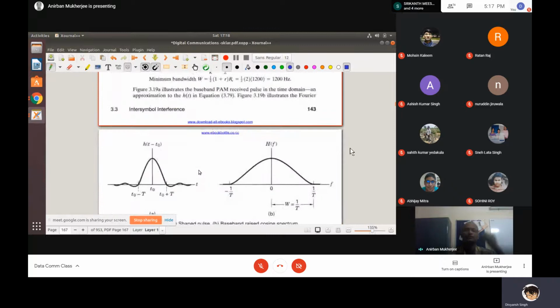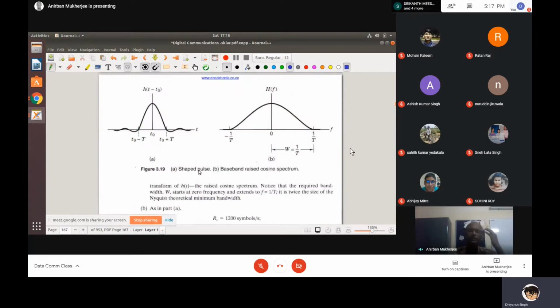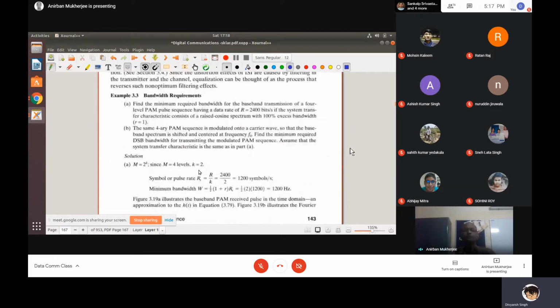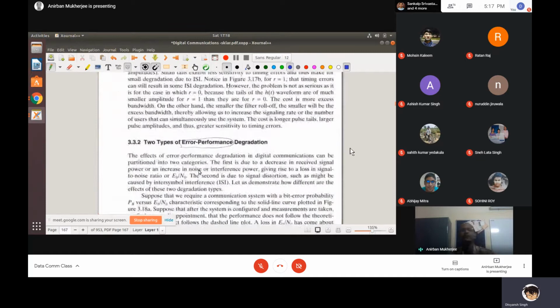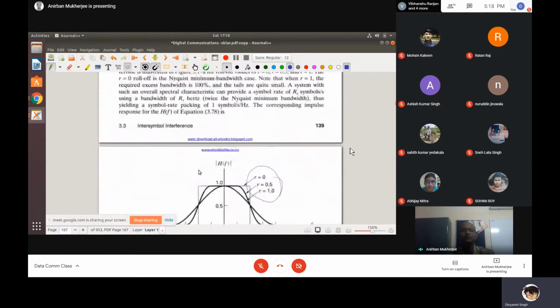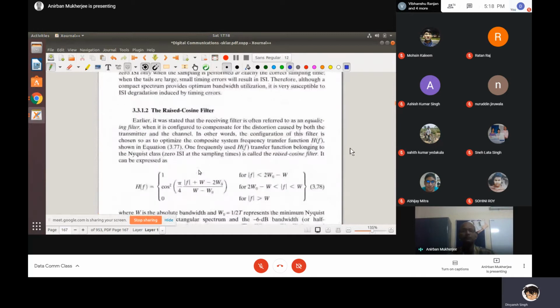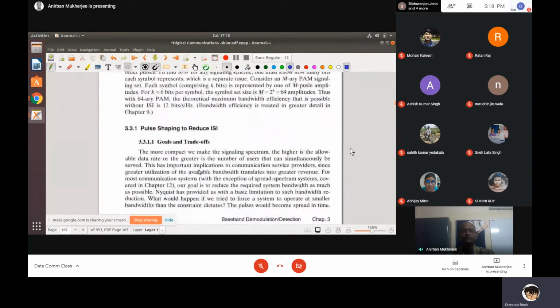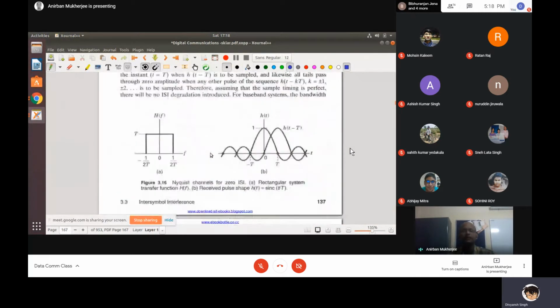Now, for that, what do we do? Generally for ISI, we use the Nyquist pulse. Usually we generate, say for this type of pulses, this rectangular system.